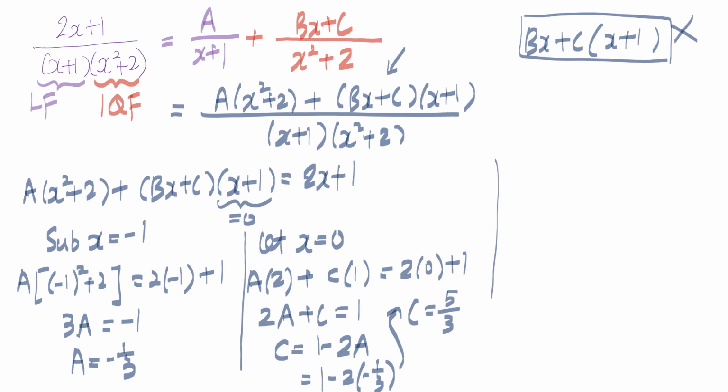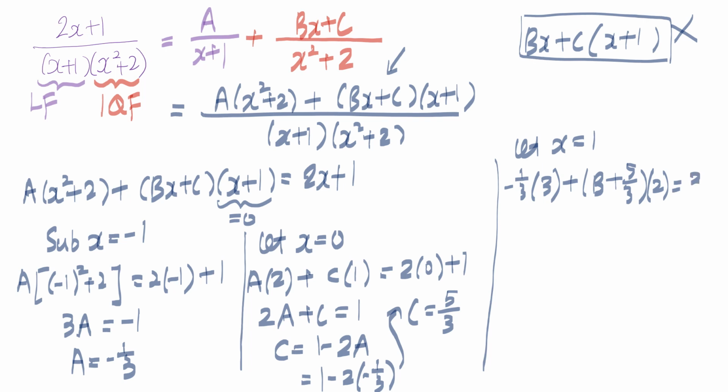Now I can just let x equal 1 to find the value of b. I've already found A to be negative 1/3, so I can put it in. 1 squared plus 2, that will be 3. I want to find b, so b times 1 is b. I found the value of c, which is 5/3, so I can put it in. 2 times 1 is 2 plus 1, 3.